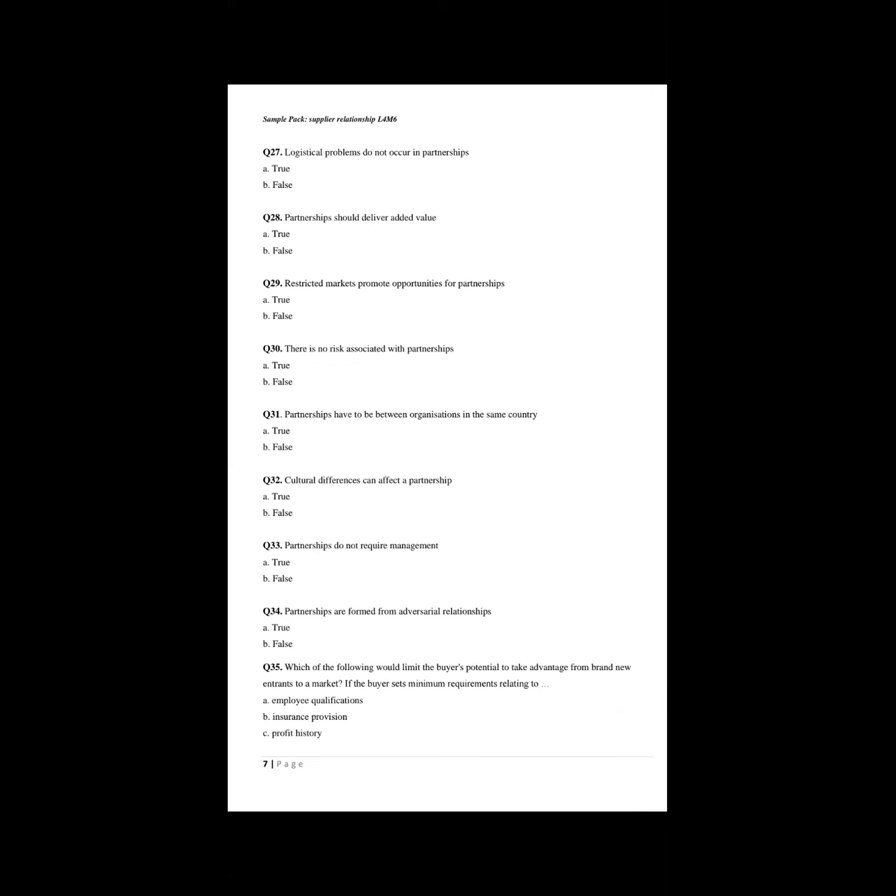So the question means that if the buyer sets minimum requirements relating to something, it may limit the buyer's potential to take advantage from a new supplier that has just entered the market.